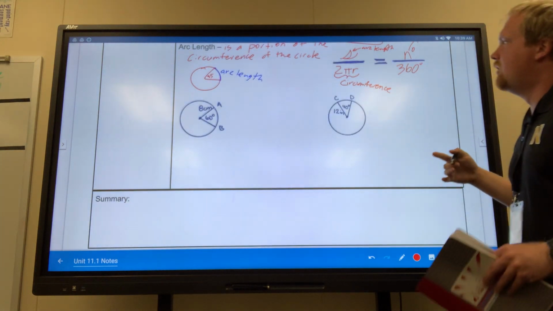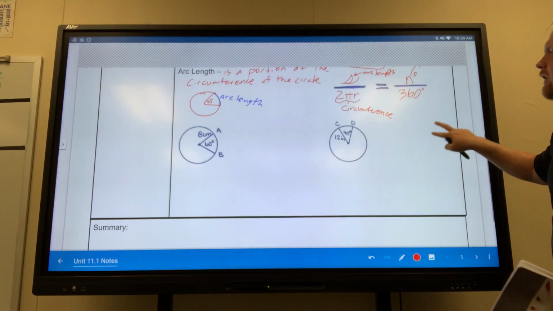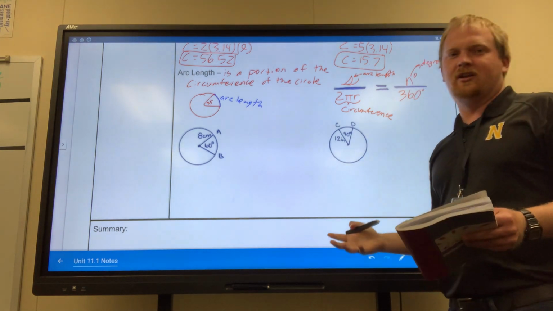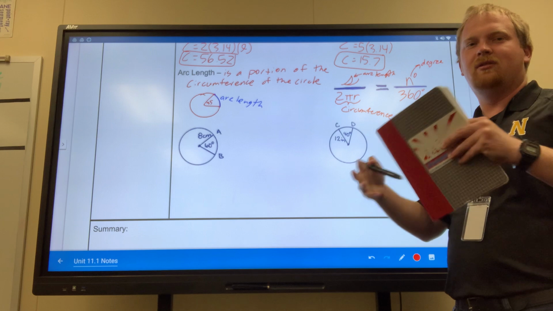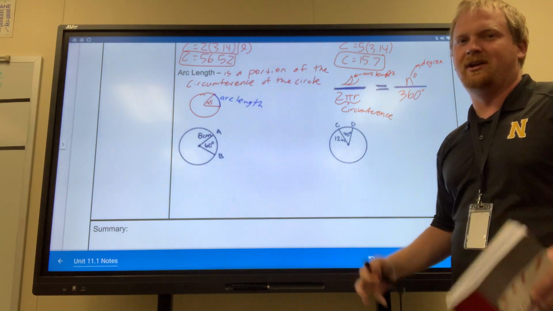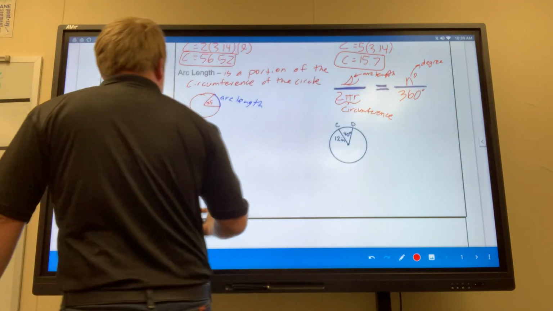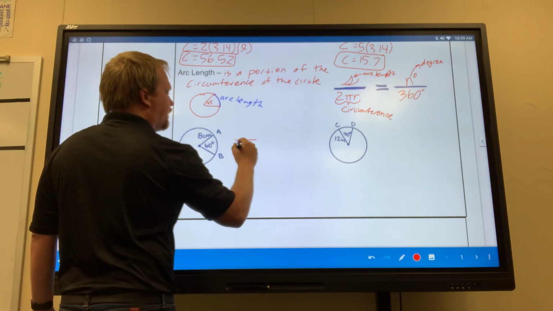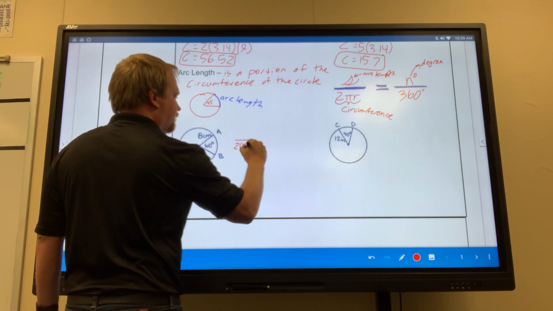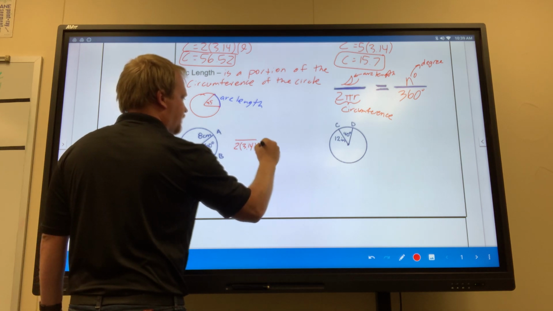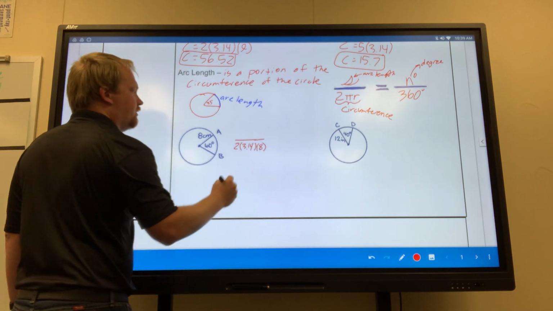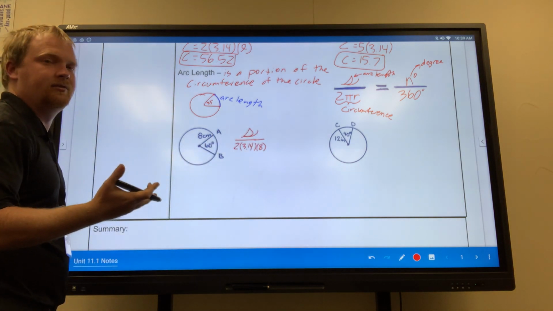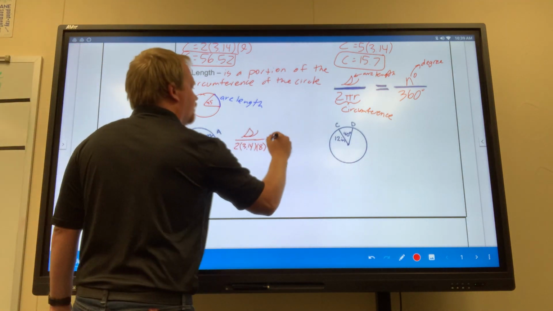Now, as far as working it out, the hard part is being able to set it up. The easy part is what we call cross multiply. So, for example, I have a radius of 8, so that's 2 times 3.14 times 8, all that under S, because we don't know what that arc length is.